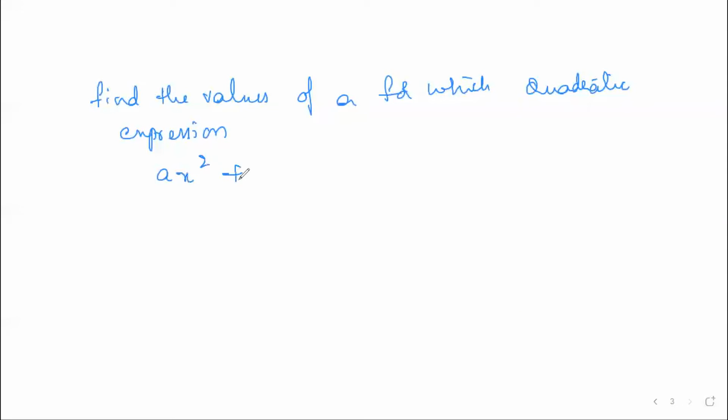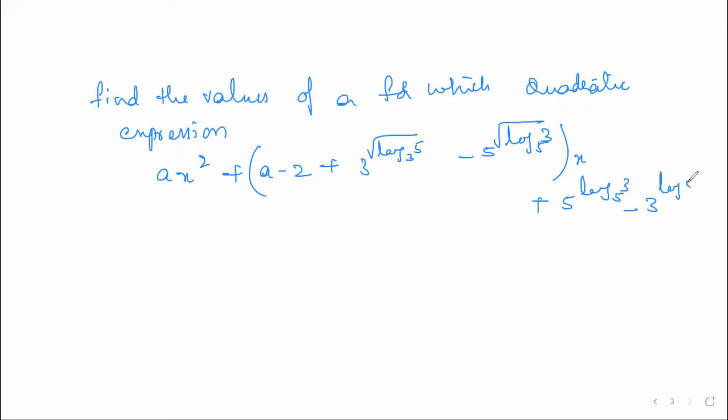Find the value or values of a for which the quadratic expression a x square plus (a minus 2 plus 3 times root of log 5 to base 3 minus 5 times root of log 3 to base 5) whole term into x plus 5 raised to log 3 to base 5 minus 3 raised to log 5 to base 3 is equal to 0, or this expression is negative for exactly two integral values of x.